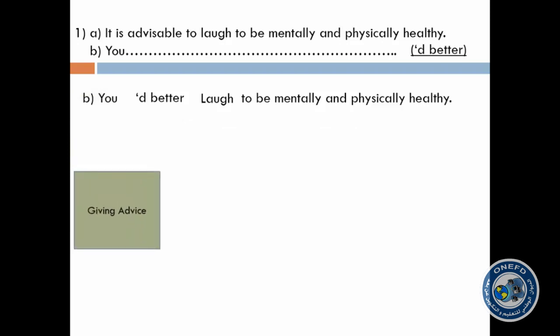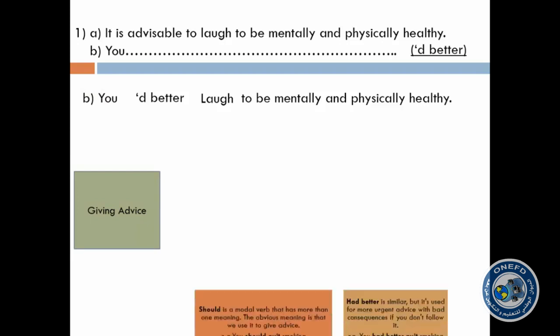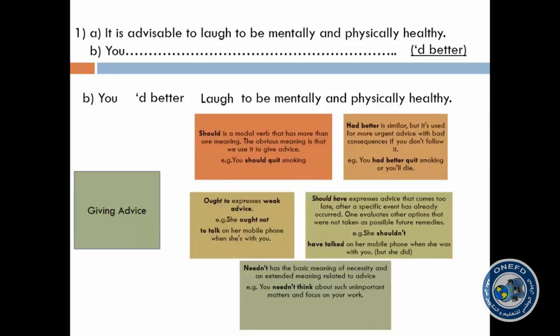It expresses advice or given advice. We have already seen this last time, but I would like to refer back to it again and consolidate it in order to see the difference between it and should, ought to, should have, and needn't. So we have here had better plus stem. We did not use should or ought to or needn't or should have, because had better we use in urgent advice or strong advice with bad consequences.